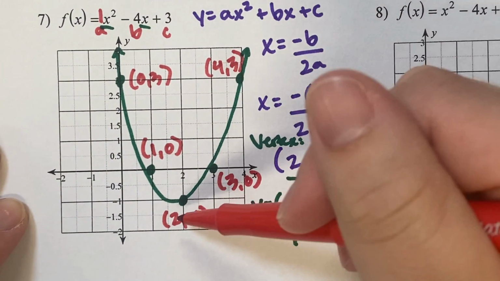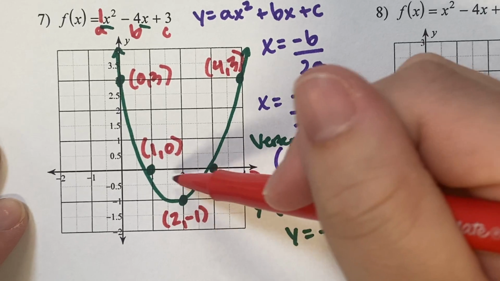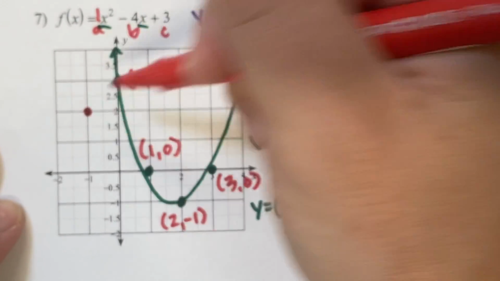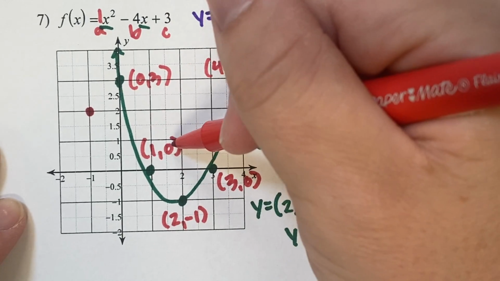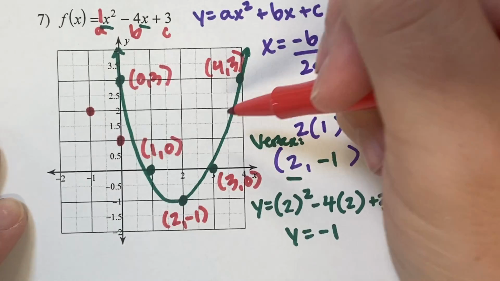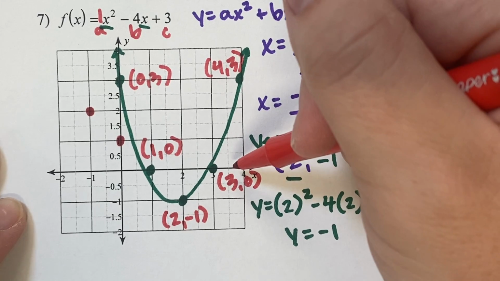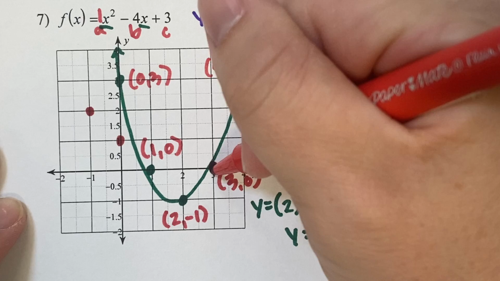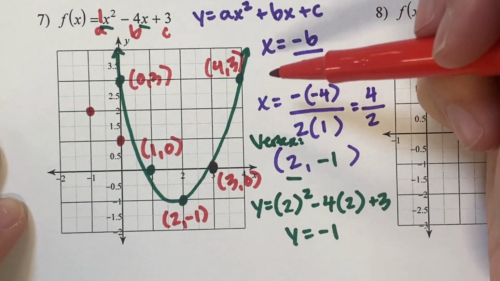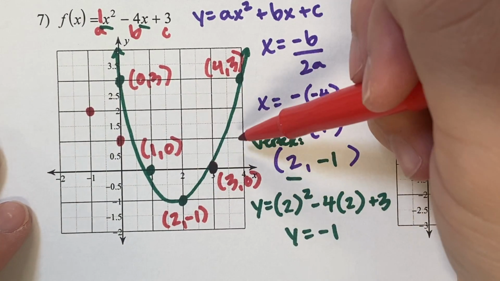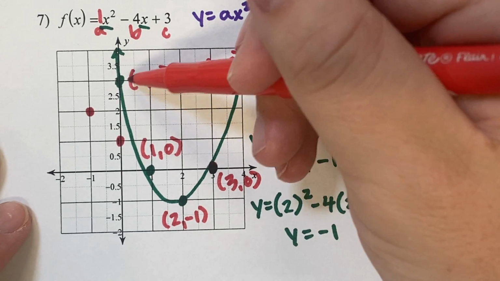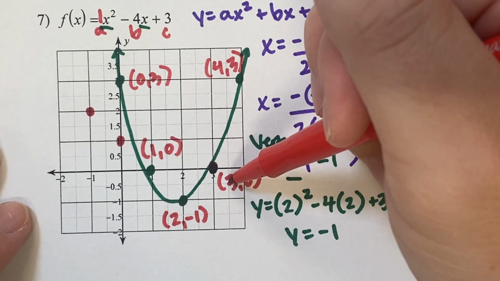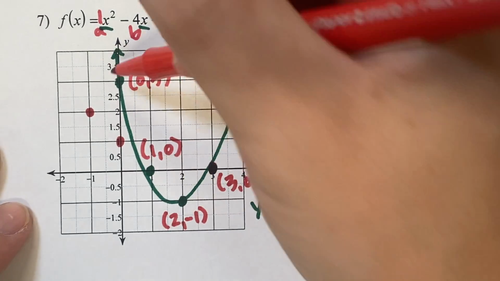Let's switch them. Instead of 2, negative 1, it's going to be negative 1, 2. Instead of 1, 0, it is now 0, 1. Instead of 0, 3, it is 3, 0. Instead of 3, 0, it's now 0, 3.